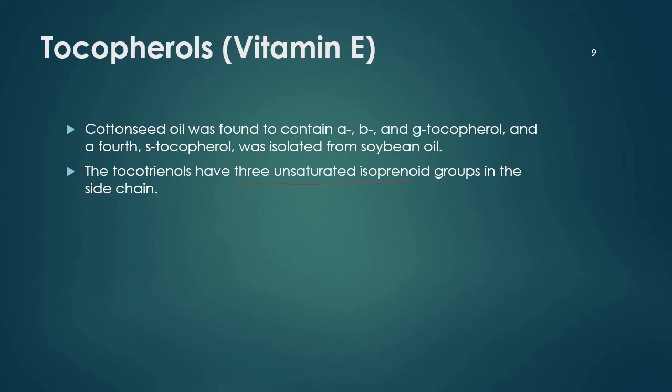Meaning the difference between tocotrienol and tocopherol is that the tocotrienol has three unsaturated isoprenoid groups. See, tri means three, in means unsaturated, ols means must have OH group.